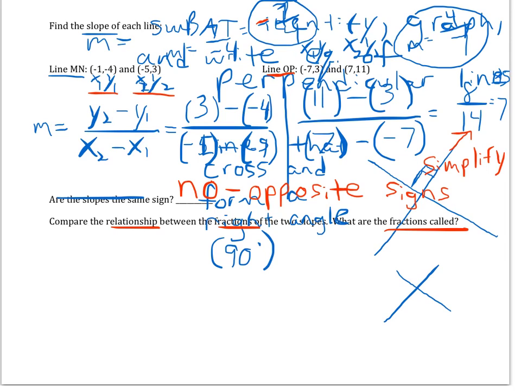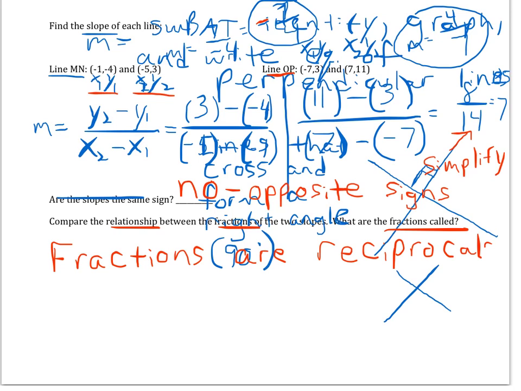Well, fractions that are just basically flipped are called reciprocals. Let me make sure I get the spelling right. Reciprocals. Okay, that's the name. So I want you guys to really underline opposite and reciprocals, because those are key.